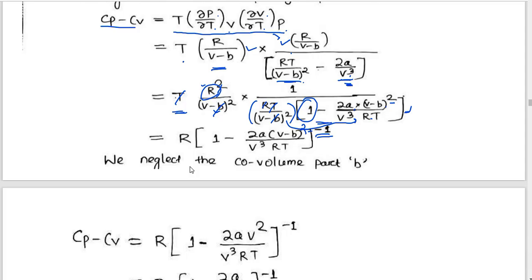So now we neglect the co-volume part b. What is b? b is called the co-volume. We have subtracted this b from V, so we can neglect this b.